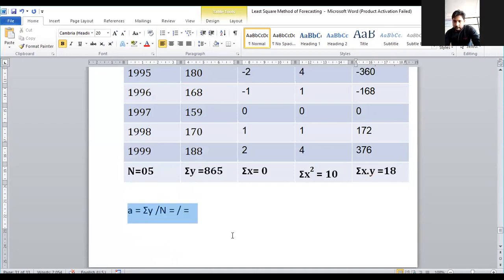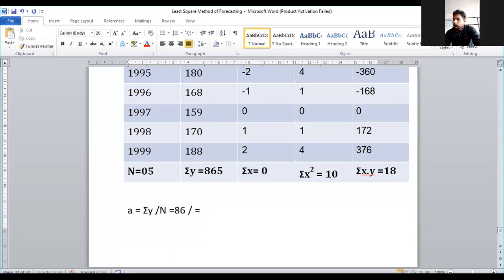We know that a can be calculated by using summation of y divided by n. So our first equation, that is the normal equation, summation of y is equal to n multiplied by a plus b multiplied by summation of x. That is the normal equation for the line. And in that equation, if you put summation of x equal to 0, then we get the formula for calculation of a, that is summation of y divided by n.